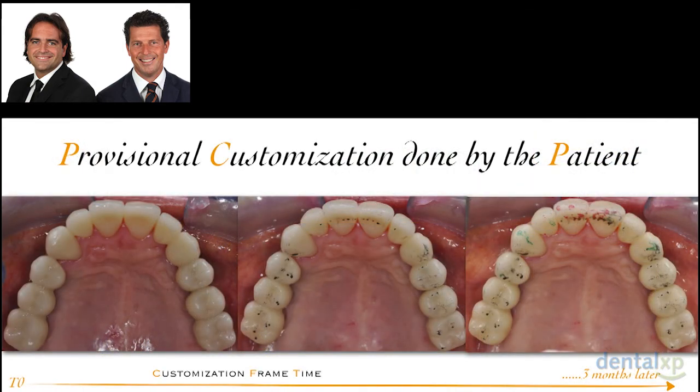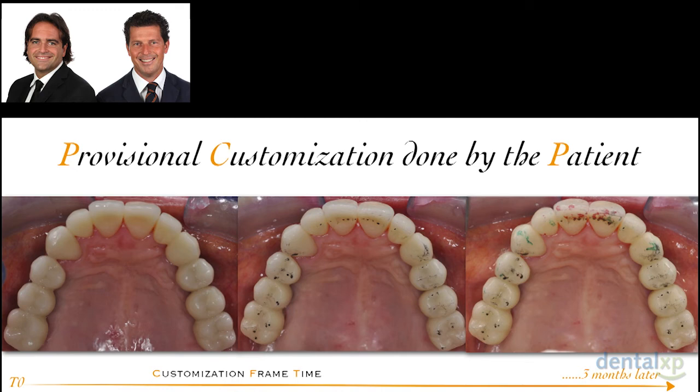And then we left the provisional in place for 3 months because we wanted the patient to characterize her function in our provisional restoration. Because now we know that with the intraoral scanner, we can copy and replicate this function.